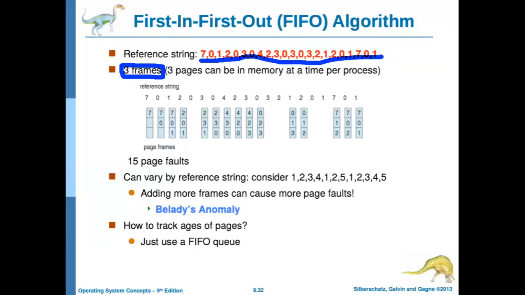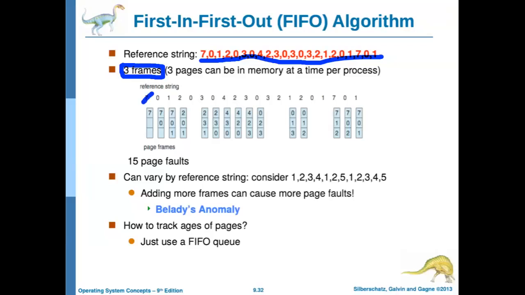Now the process execution starts and it refers to the first instruction, which is coming from page number 7. So upon 7, this will be loaded into the main memory. That means one page fault occurred. The process starts its execution and refers to page number 7.